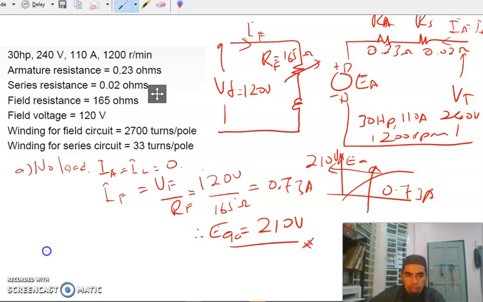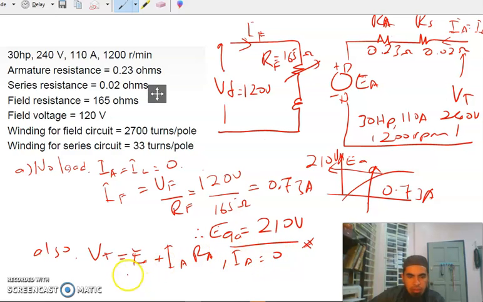Okay, also what happens here is that VT at this no load condition is equal to EA plus IA RA. But at this time IA is equal to 0. So VT is 240 volt, equal to EA. So this is EA at no load.